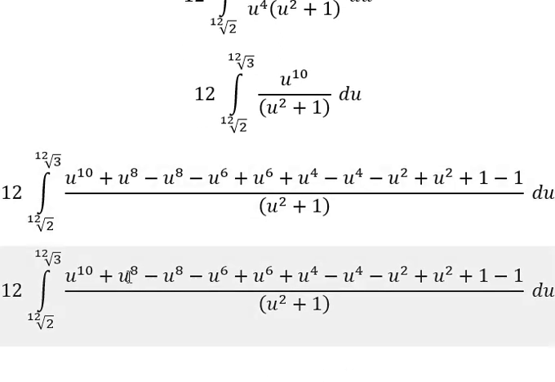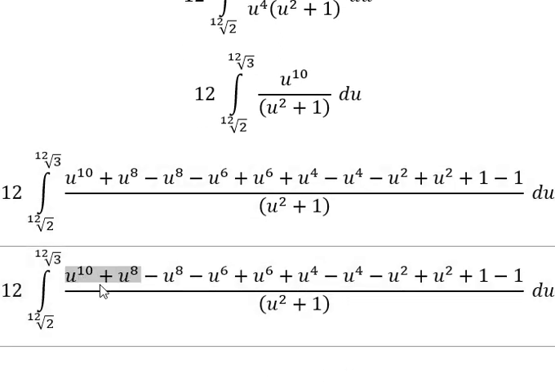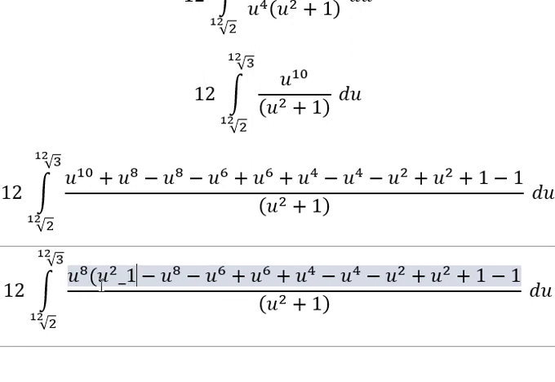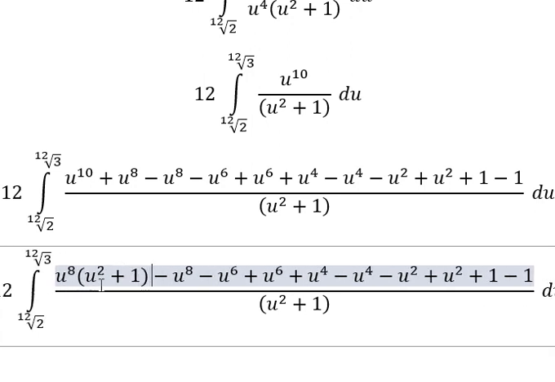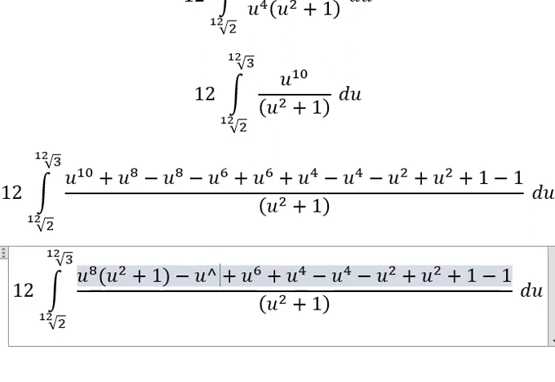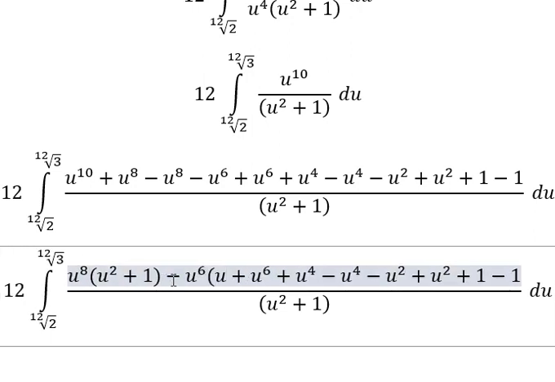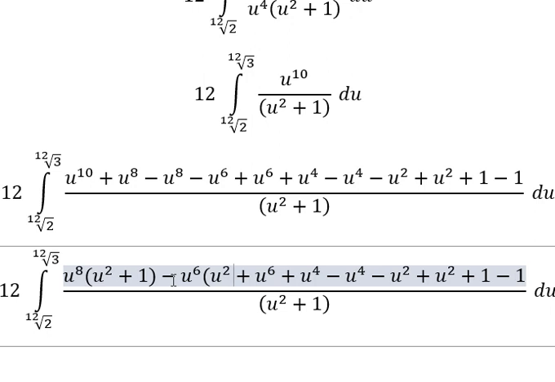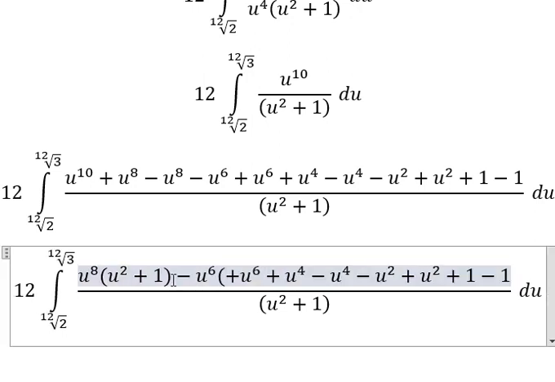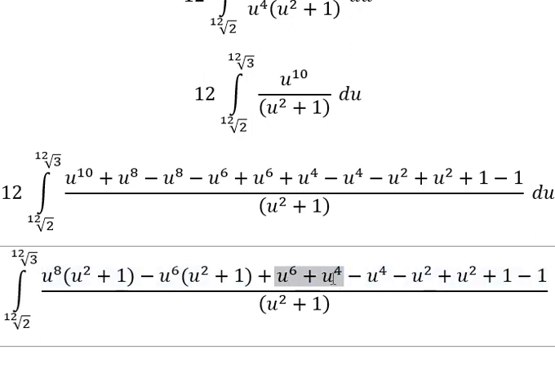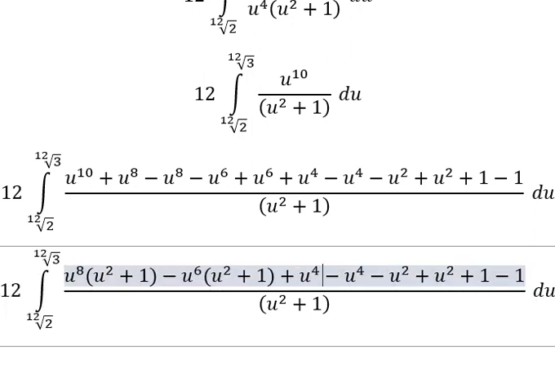Now we can do factorization by u to the power of 8. This one negative u to the power of 6. u to the power of 4.